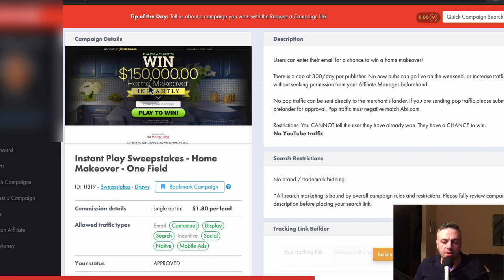And this would be easily my reaction if I see this offer online, and it should be your reaction. Yeah, there's a chance to win, but the amount of work they have to do versus the value they're getting is unbalanced. There's an imbalance. I just have to fill out one page, single opt-in, and there's a chance to win $150,000.